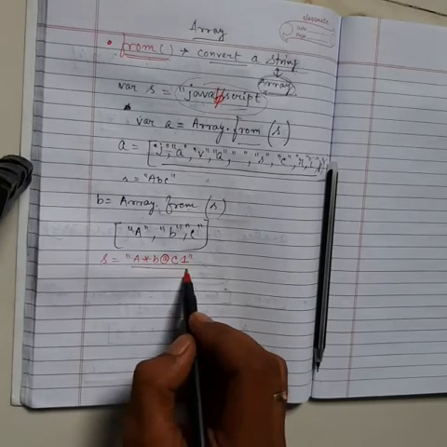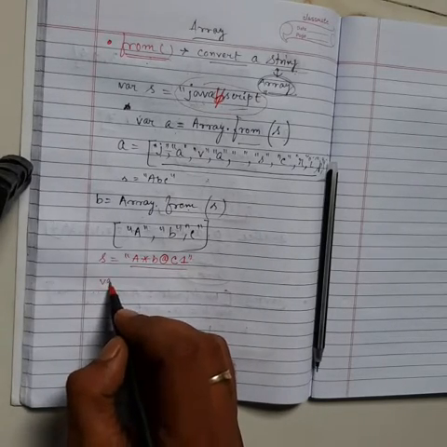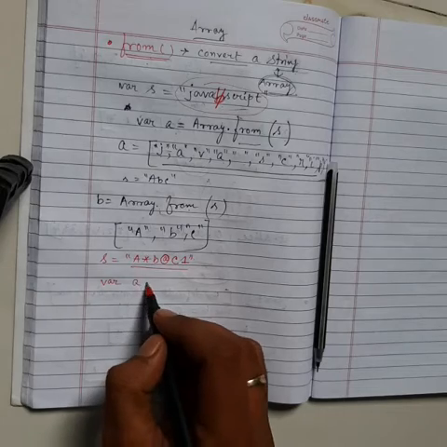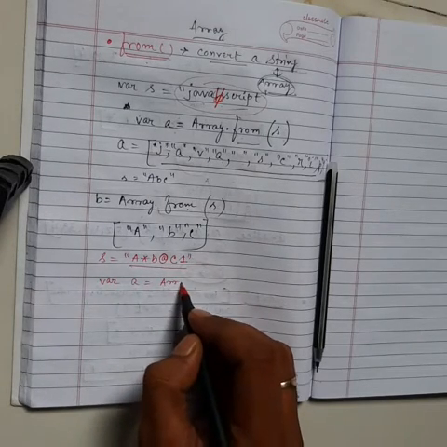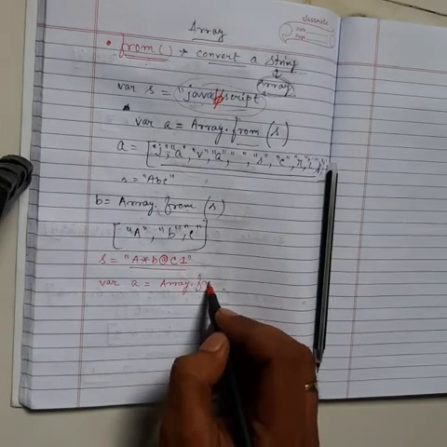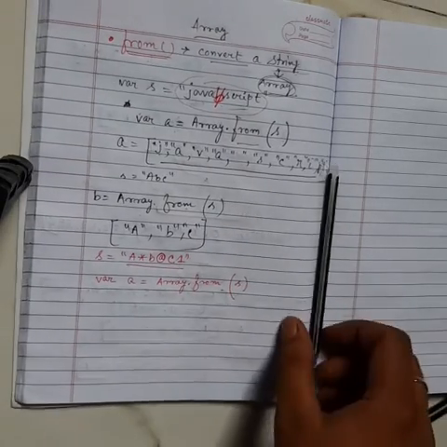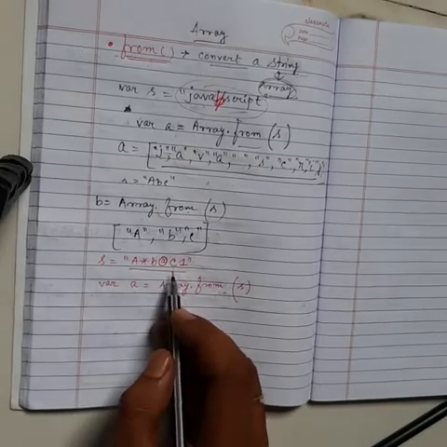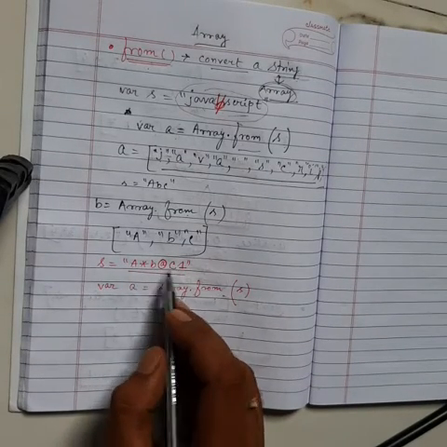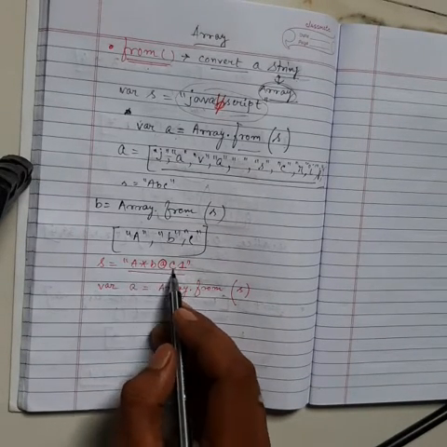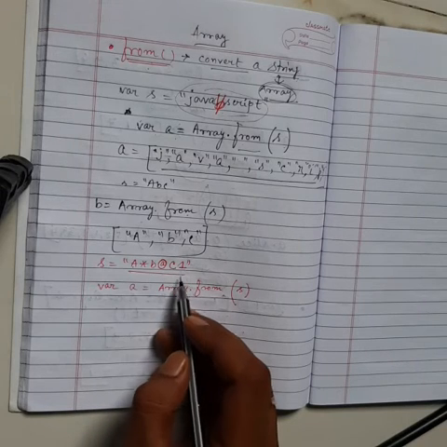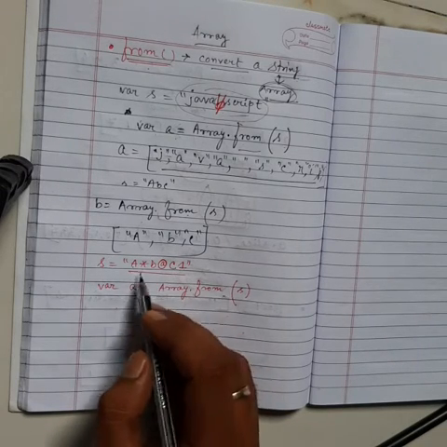Now I want to convert this string into an array, so I am taking one variable, a equals Array.from, and within brackets I will pass s. So what will happen is that each element of the string, that is a, star, b, at the rate, c and 1, will be converted into an array element.